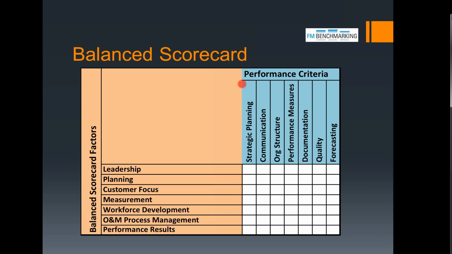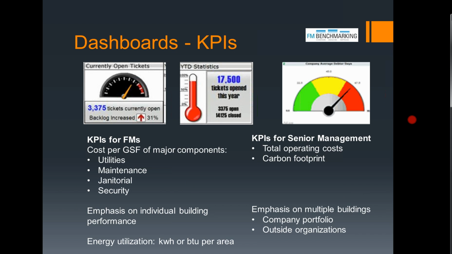Over on the right side, in blue, the performance criteria are things that our facility management organizations are measured on: strategic planning and communication, organizational structure, whether they have performance measures in place, documentation of processes and procedures, and so on. So you can see, for example, that completing a benchmarking initiative can help you identify areas that could be performed better.